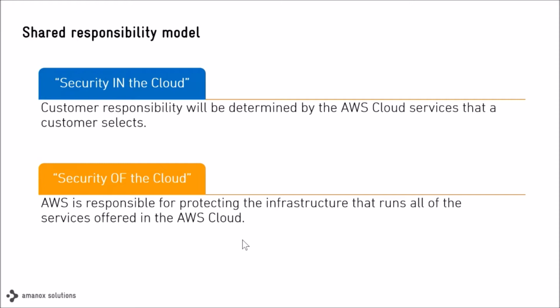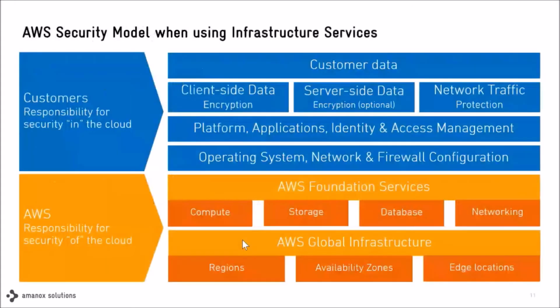When we talk about security and compliance, we always start by having a look at the responsibility model. So let's see a high level overview of this model. In orange would be the part where AWS is responsible for the global infrastructure that runs all the services offered in the AWS cloud.